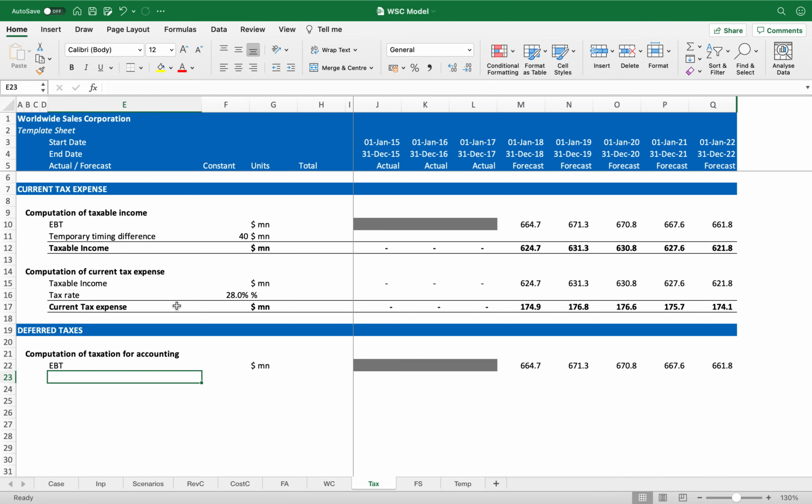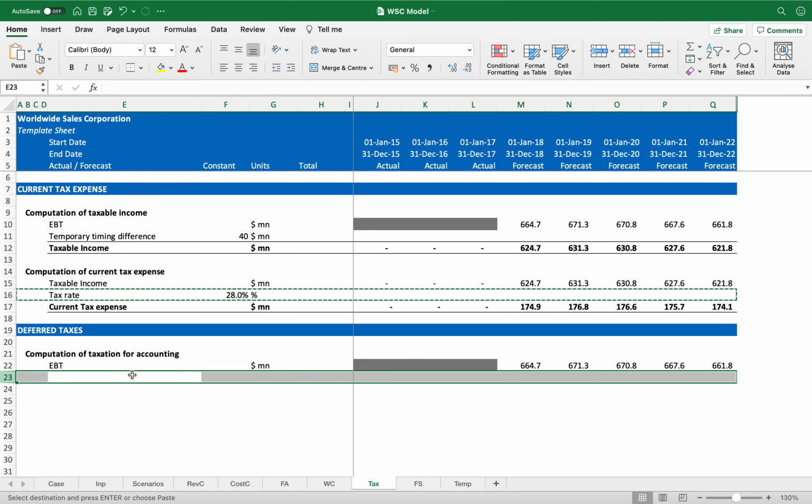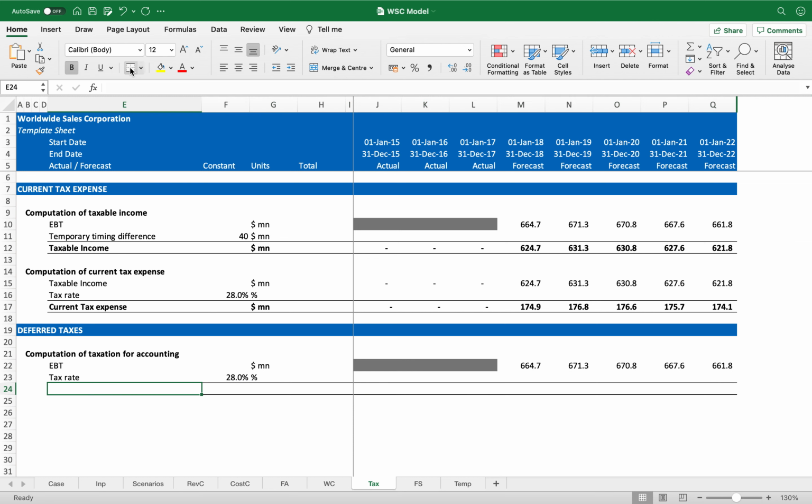EBT. I have the tax rate 20%. I can simply compute the taxation for accounting. Again, EBT multiplied by 28%.